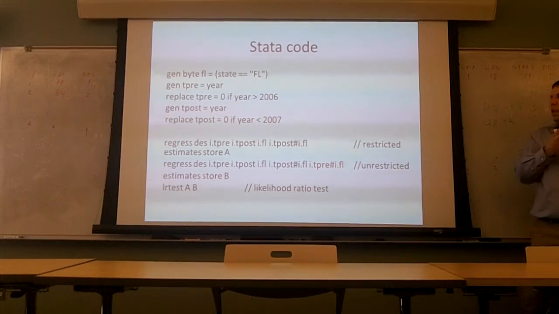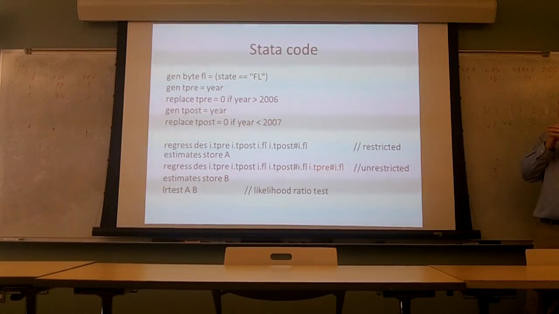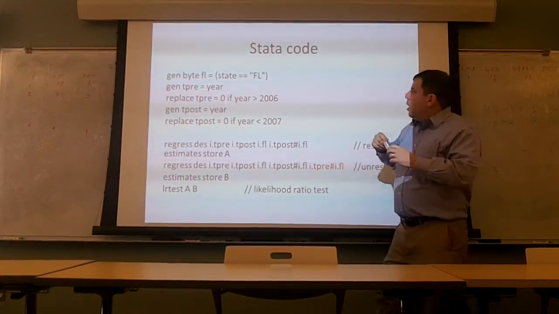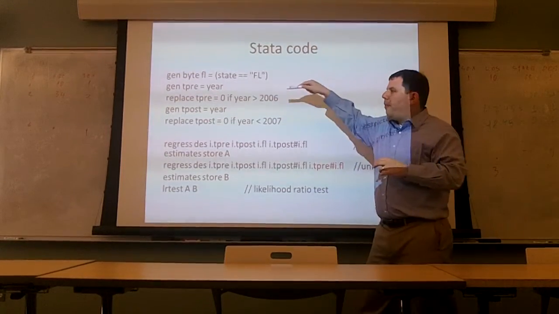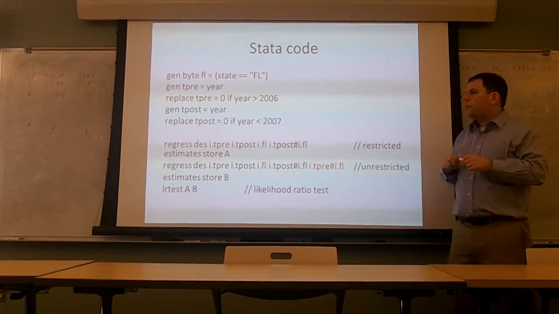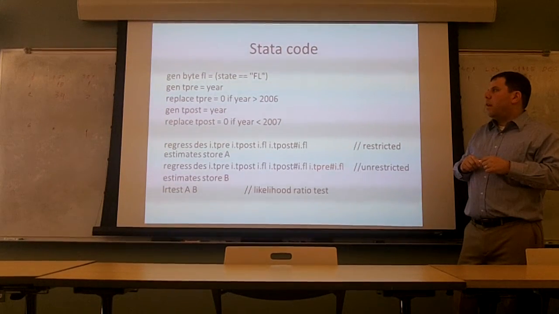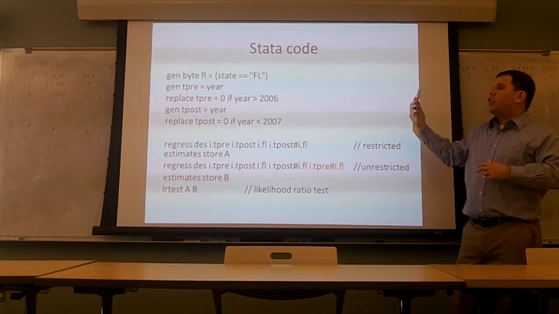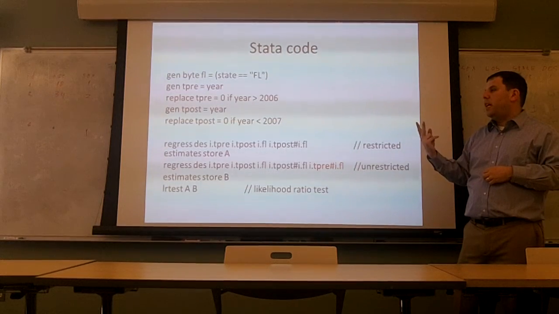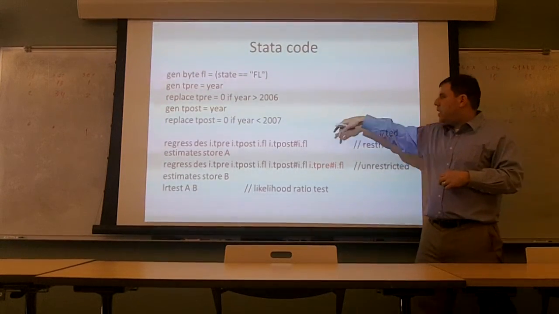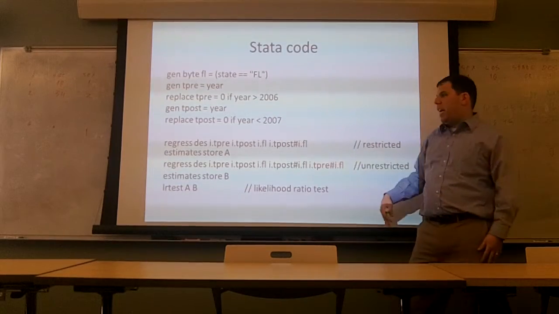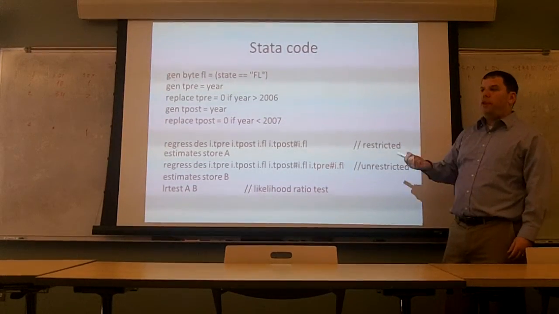Dave, do you have a question? I have one question on the whole Florida thing. Conceptually, are we comparing Florida to all 50 states or comparing Florida to 49 states? Well, in this case, I've only got two states in my data set, Florida and New York. But conceptually, we're comparing Florida to everything else in the data set. It's important for you to know what that is.